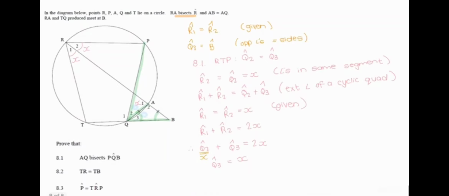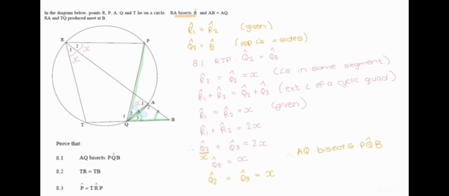And therefore, we have just proven that AQ bisects PQB. Your reasoning for this is that angle Q2 is equal to angle Q3, which is equal to x. Because those two angles were the same, we know that AQ bisects PQB.